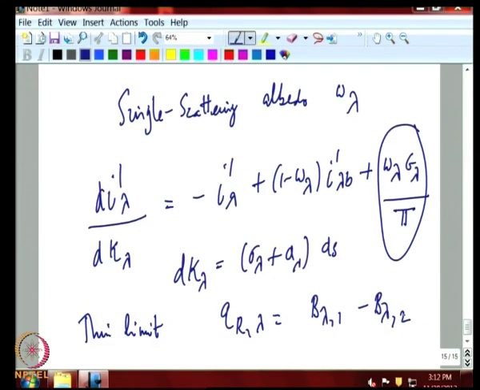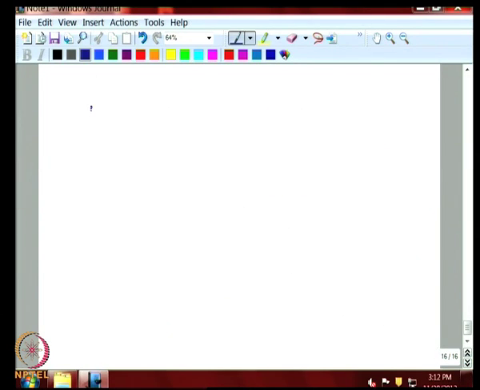So, whether it is scattering or absorption, both are very, very small, in the thin limit you can use that. And in the thick limit, you can use the Rosseland diffusion model for a scattering medium.